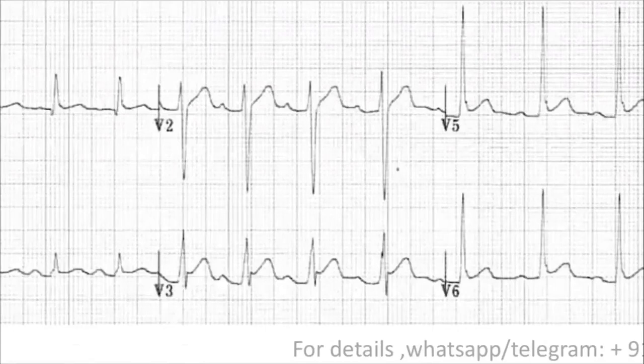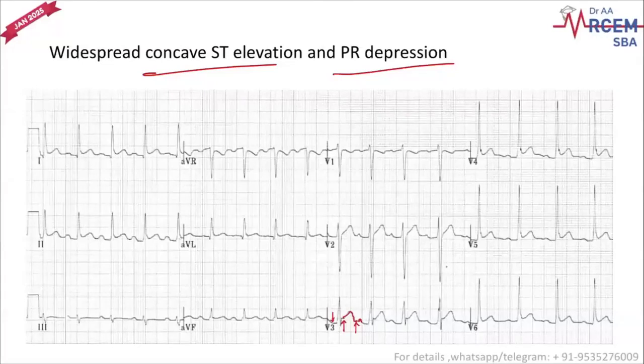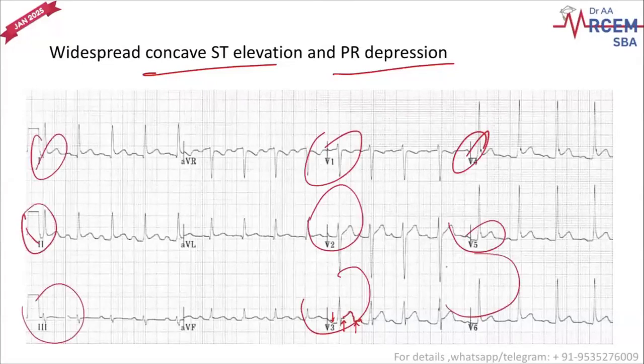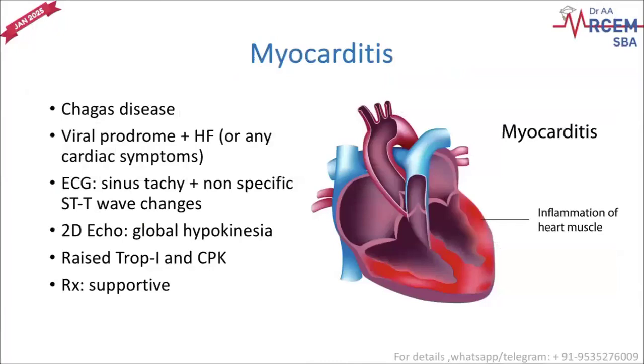That is, after the T wave, before the beginning of the P wave, the point you are having is known as the isoelectric point. Compared to this isoelectric point, there is an ST segment elevation. Compared to this isoelectric point, there is a PR segment depression, which is diffusely seen in most of the chest leads, and it is also seen in limb leads. This is a very typical classical ECG of pericarditis.